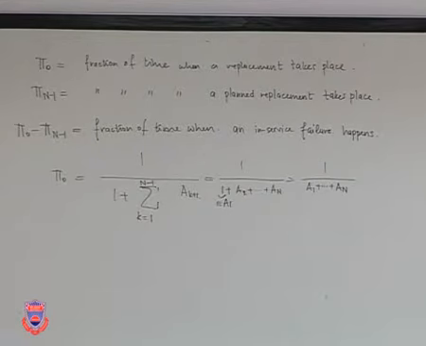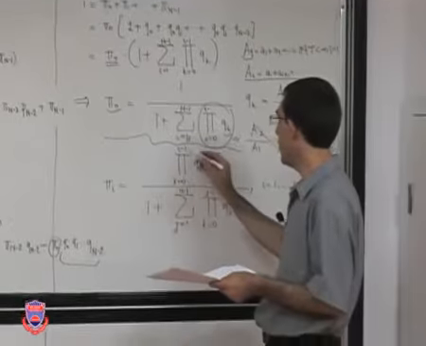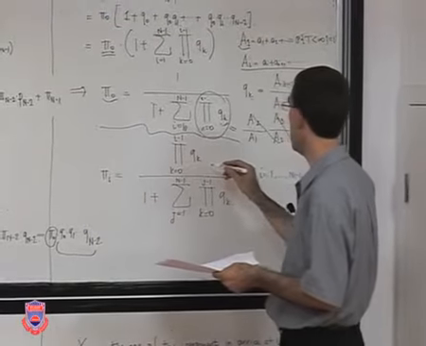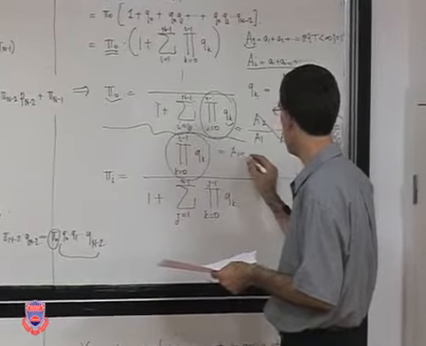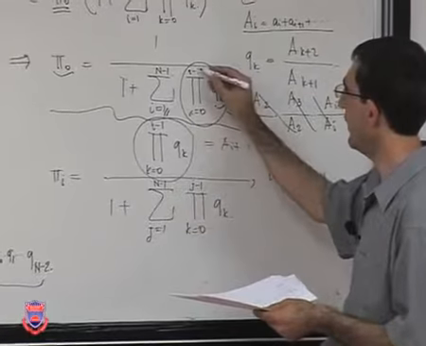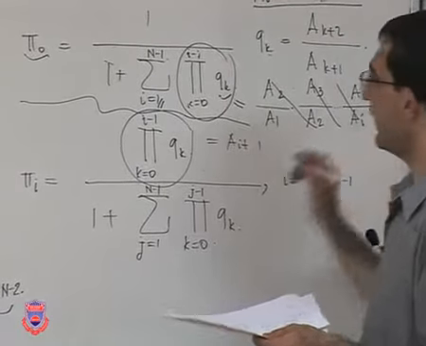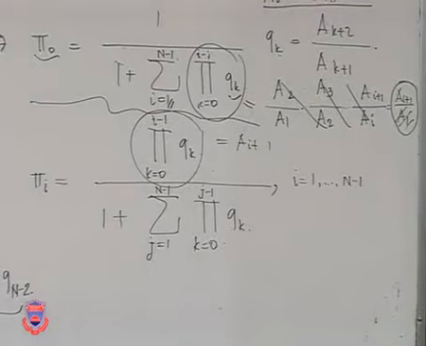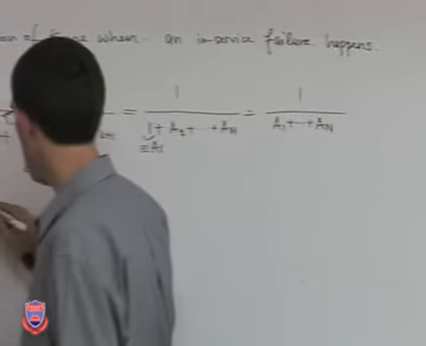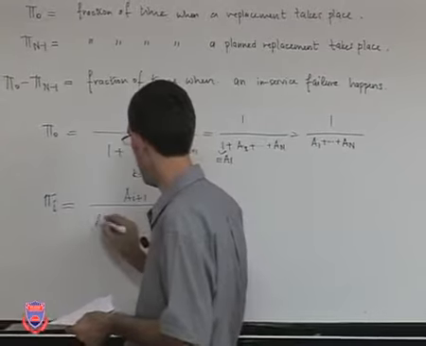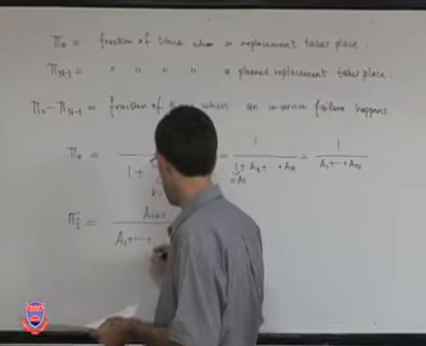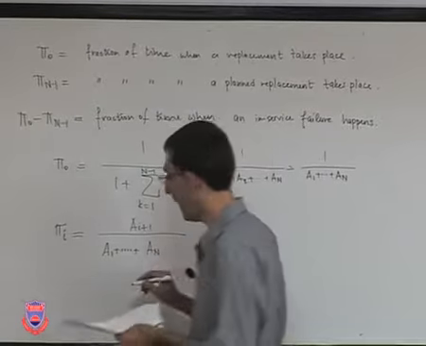We can do something similar for this one. Of course, the denominator looks like the denominator of pi 0. And we also found something for this, right? We said this is nothing but a_{i+1}. That was exactly what I calculated here. From 0 to i plus 1, that turned out to be a_{i+1}. So pi_i equals a_{i+1} divided by A1 plus everything up to An.